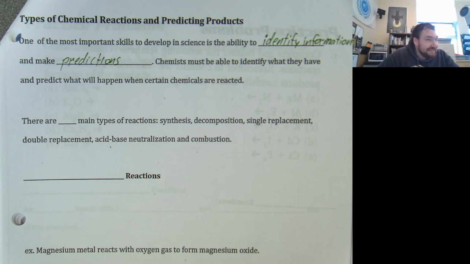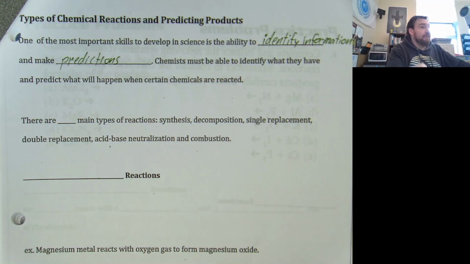So, in chemistry, as in life, chemists must be able to identify what they have and predict what will happen when certain chemicals are reacted. This gets done in a whole bunch of areas in science, and sometimes it gets done really well, and sometimes it does not.